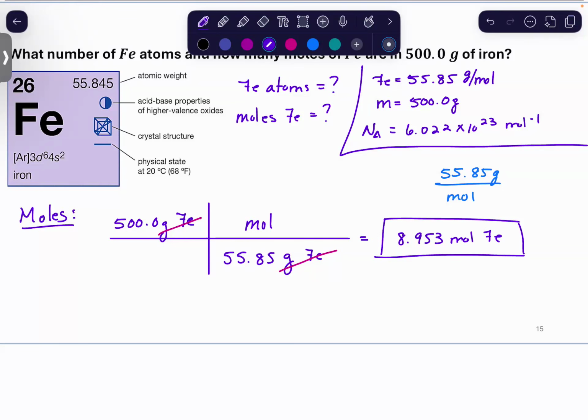So I have grams of iron in the numerator. That means I need grams of iron in the denominator so those cancel out. And I'm trying to cancel out the units I don't want to get to the units that I do want, which is moles. And notice this was a division, but 500.0 and 55.85 are both four significant figures. So my answer has to be in four significant figures.